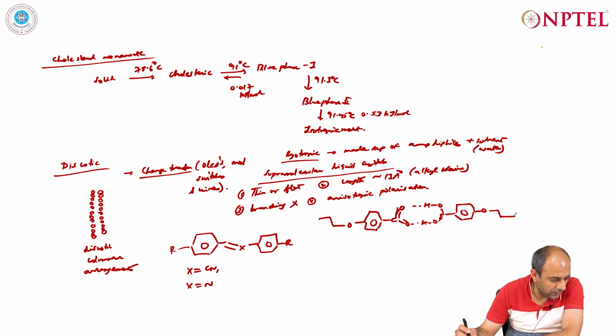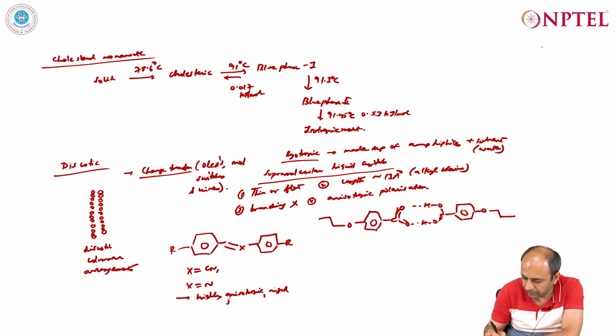So we can have these kind of molecules. So first of all, we can have this highly anisotropic rigid shape, okay, which can give rise to the formation of LCMs, which we call the liquid crystal materials. And we can also now have these kind of hydrogen bonded dimers, which can form these long chains.